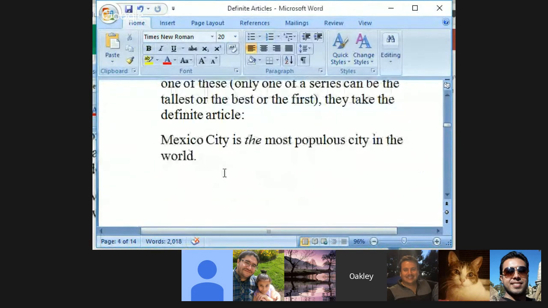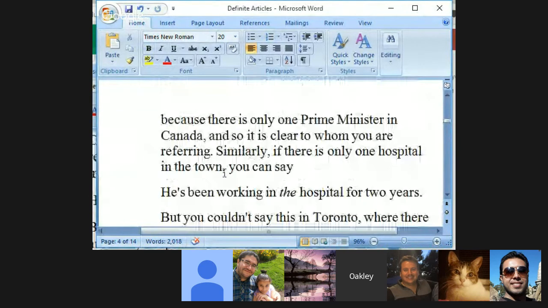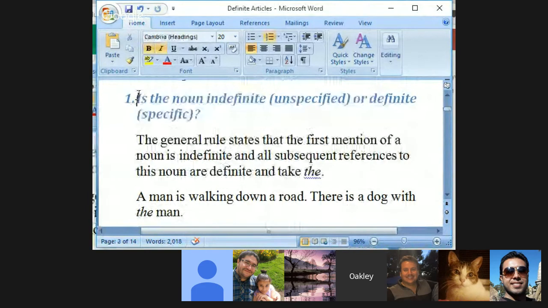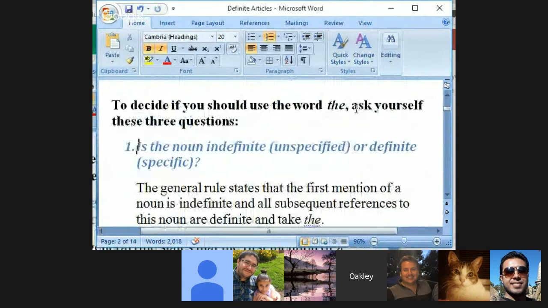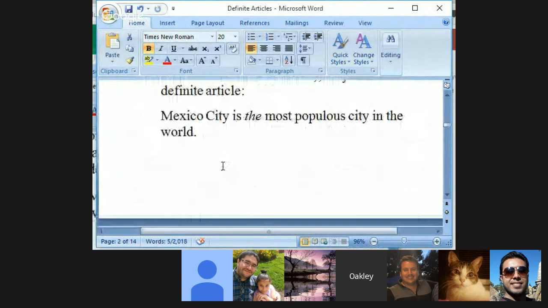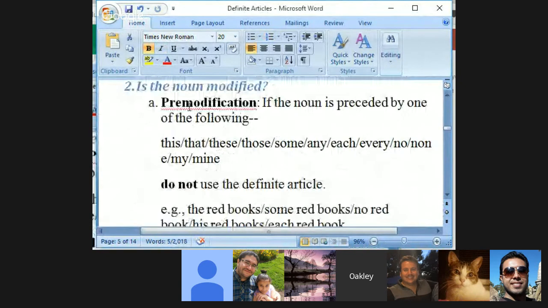Back to our original question, if you remember, which was, ask yourself these three questions. That was question number one. On to question number two. Is the noun modified? We've actually just covered part of this.